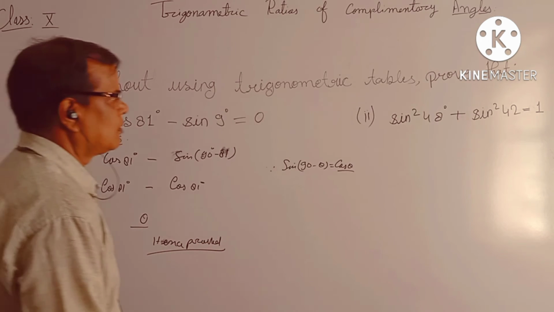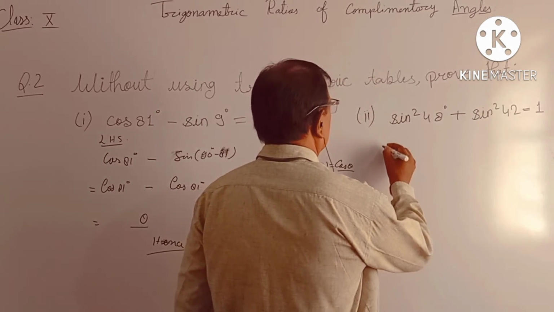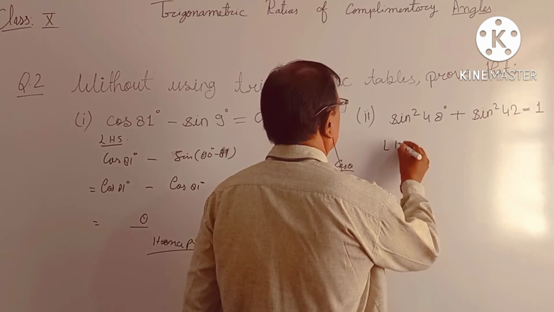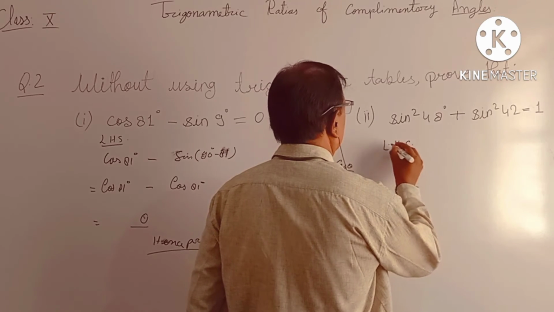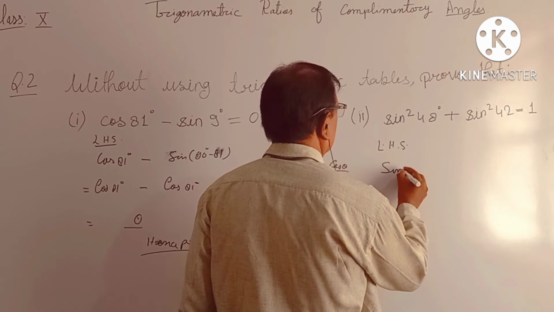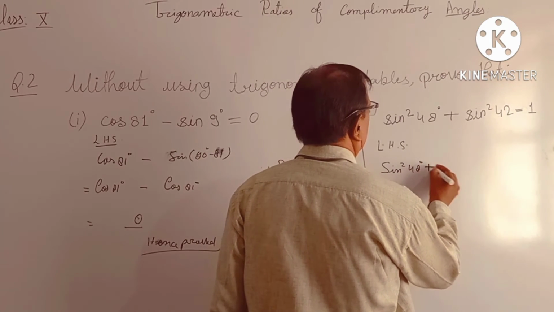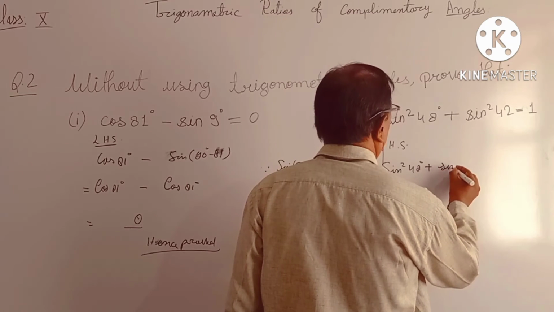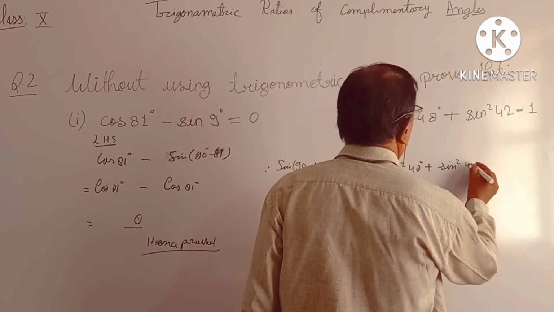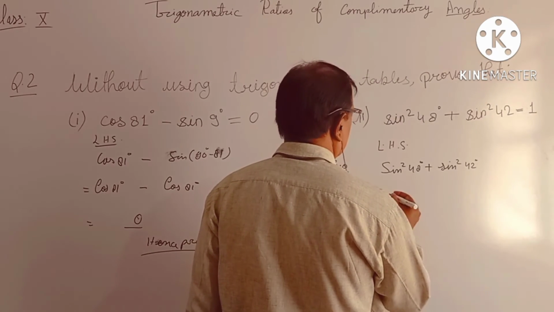Next one: left hand side is sin square 48 degree plus sin square 42 degree. Now we solve it, change any one.